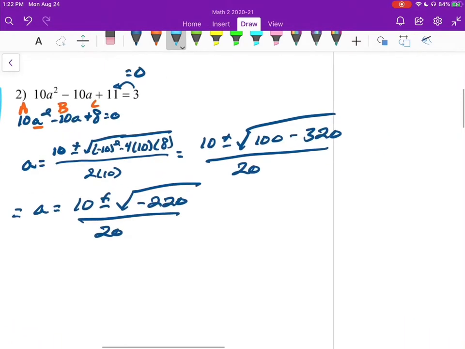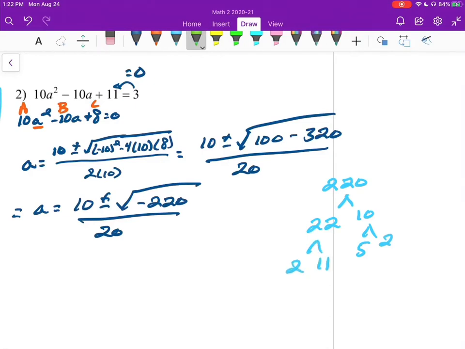I need to take this negative 220 out to the side and split it up. So I've got 22 and 10. So I have a single 11, a single 5, and then a pair of 2s, right?